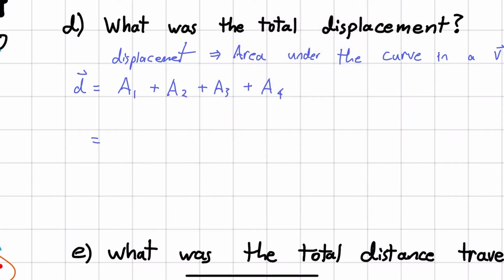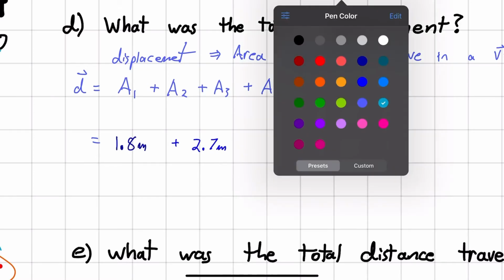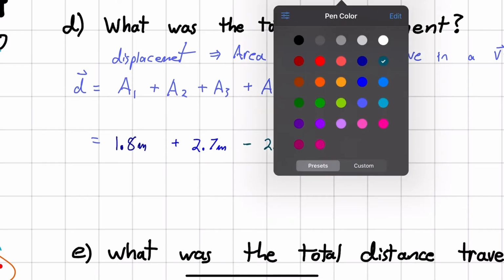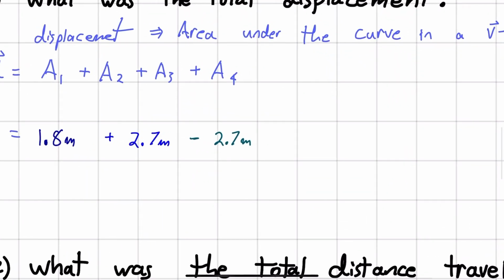So A1, if we remember, 1.8 meters. A2, 2.7 meters. A3 was minus 2.7 meters, and then A4 was minus 1.8 meters.